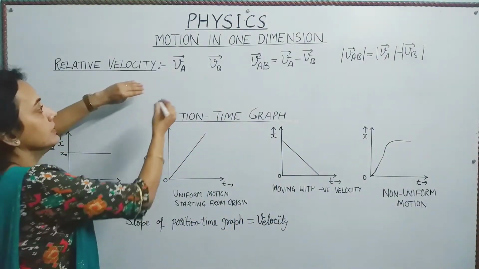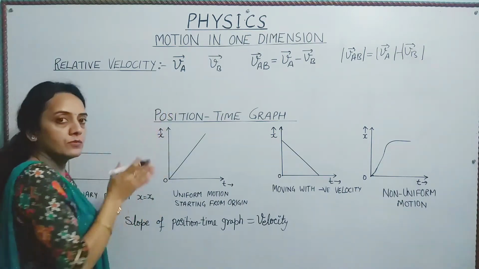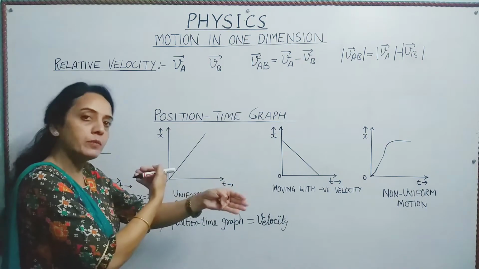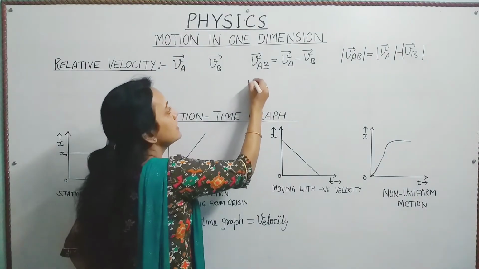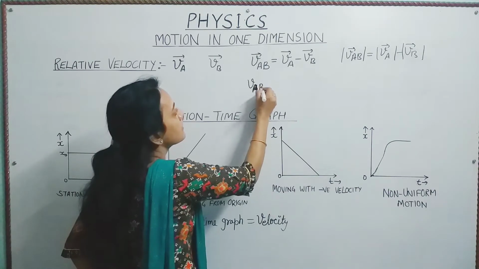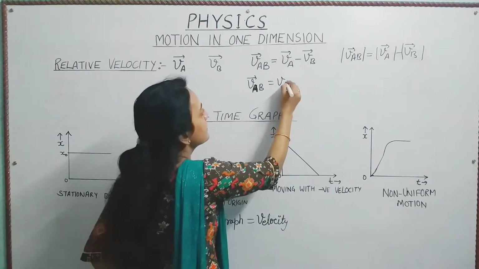Now, if the same bodies are such that one is moving in the right direction and the other in the opposite direction, the relative velocity of A with respect to B is written like this only.